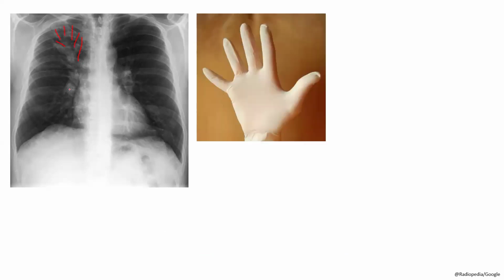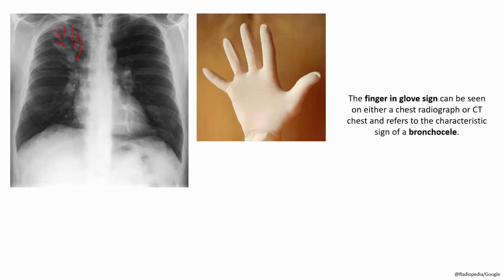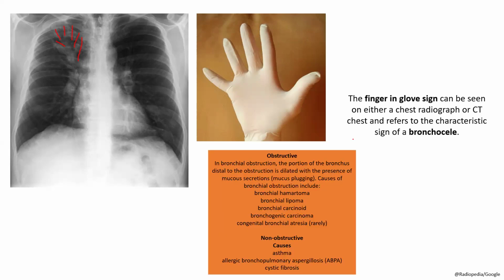What is happening in this radiograph? So we can see abnormal branching opacities in the right upper lobe here. So this indicates finger in glove sign. So finger in glove sign indicates the presence of bronchocele, and bronchocele can occur because of obstruction, or it can be non-obstructive in nature.